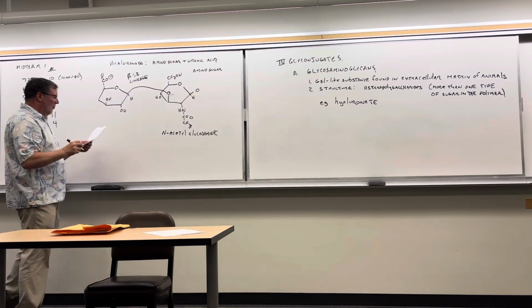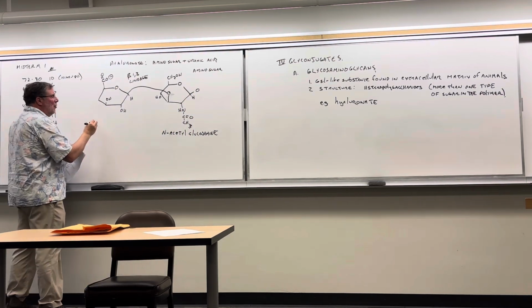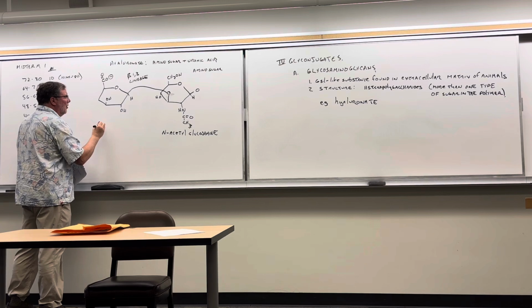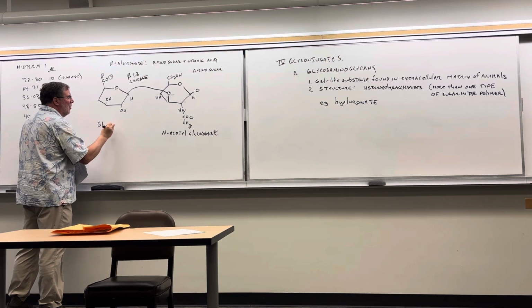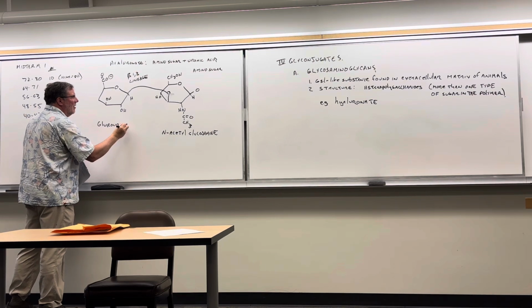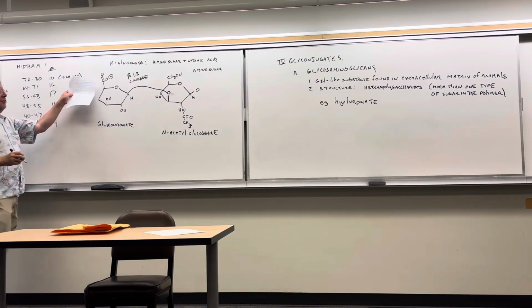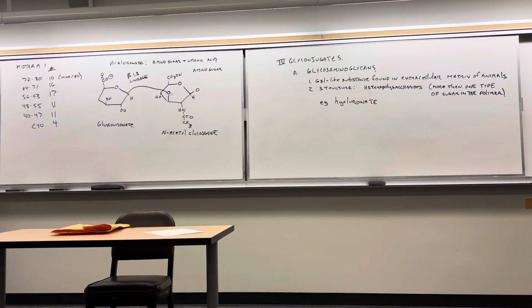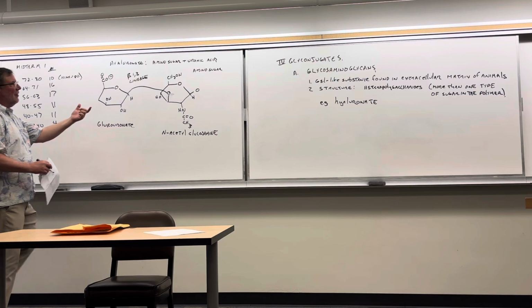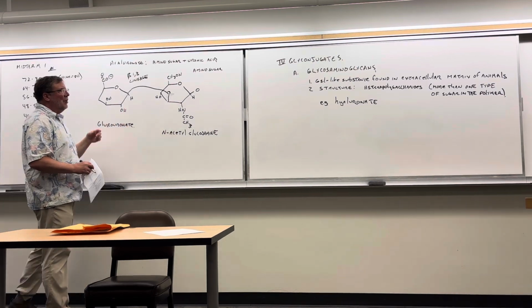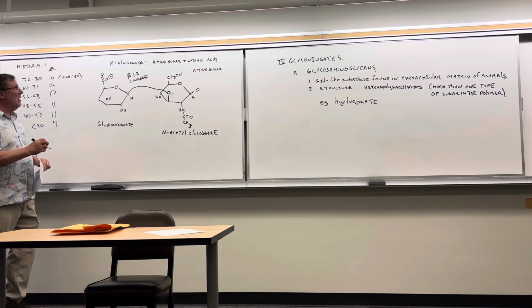And this side here is glucuronate. Glucuronate. Or if it was protonated, it'd be glucuronic acid. Okay, so this disaccharide, heterodisaccharide, in which we have the 2 different sugars, actually becomes the repeating unit.